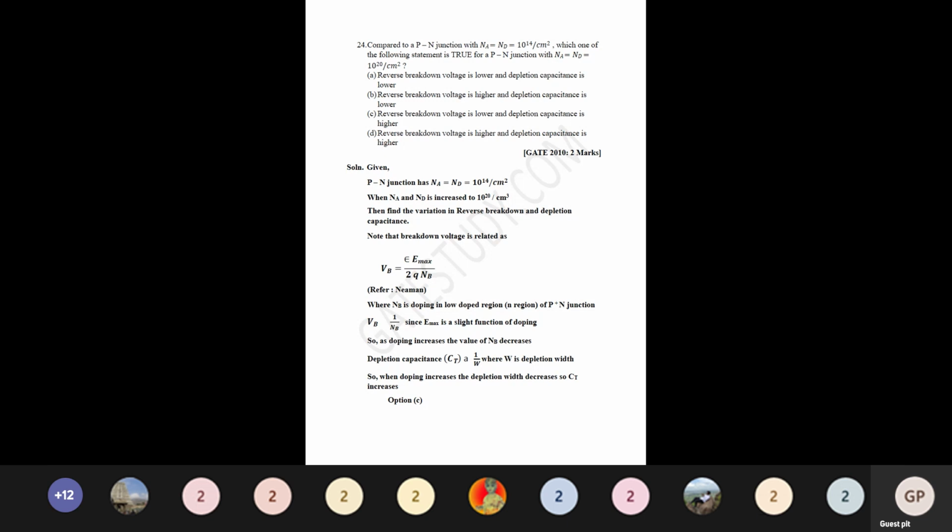So as doping increases, the value of Vb decreases since it is inversely proportional. Depletion capacitance is proportional to 1 by W, where W is the depletion width. So when doping increases, the depletion width decreases, so Ct increases. So the option is C: reverse breakdown voltage is lower and depletion capacitance is higher.